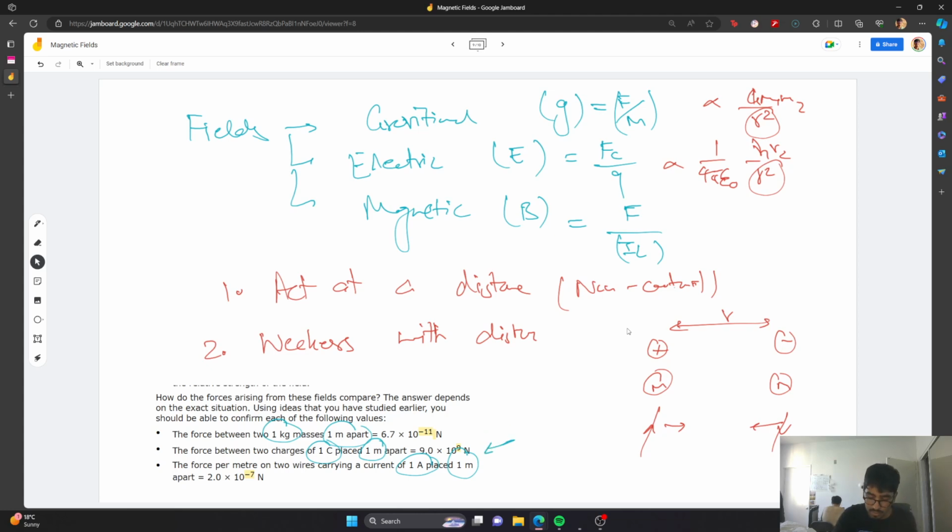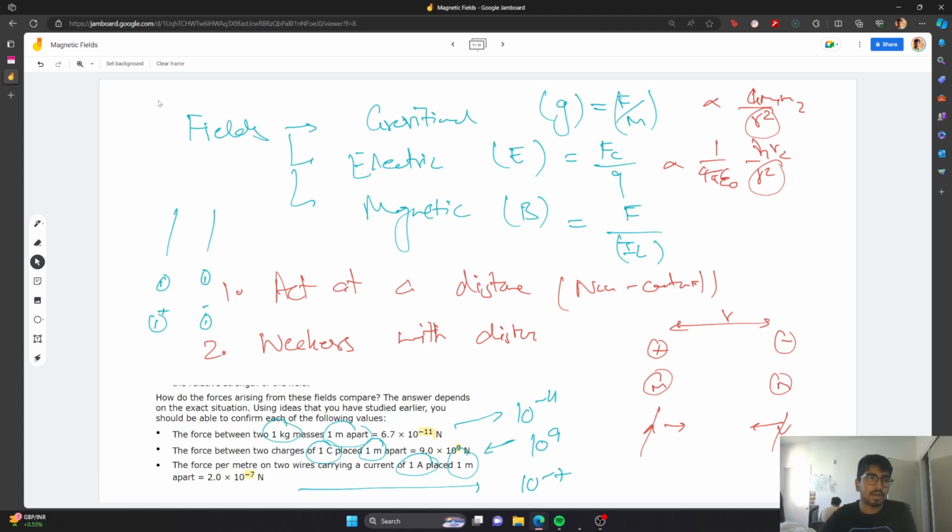The electric force is 10 power 9, so it is very strong, but the gravitational force is very weak, it is 10 power minus 11, and the magnetic force is 10 power minus 7, somewhere in the middle. So if you were to keep 1 kg and 1 coulomb here and try to measure the force, you would feel the strongest because of the charge, then because of the current carrying wires, and then the sheer presence, the mass attraction of them.